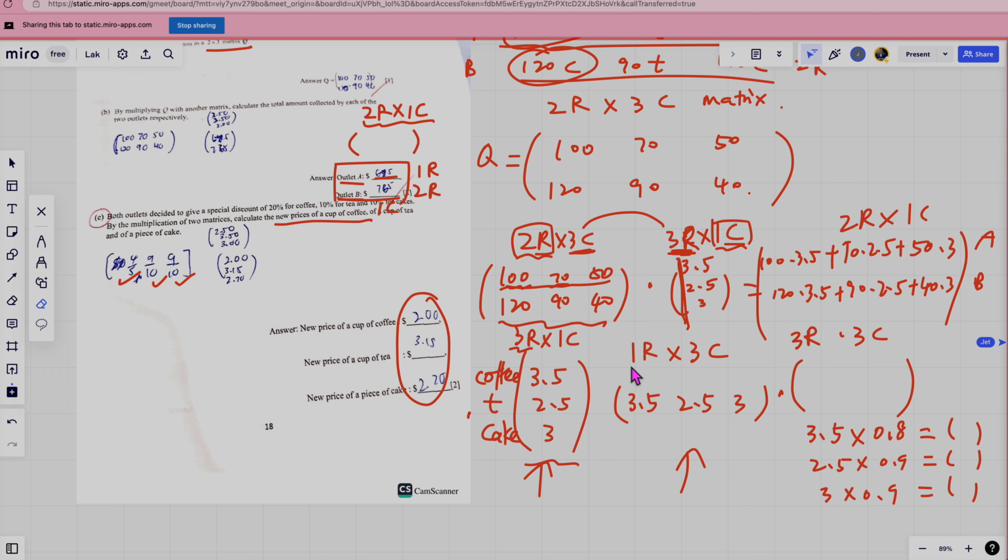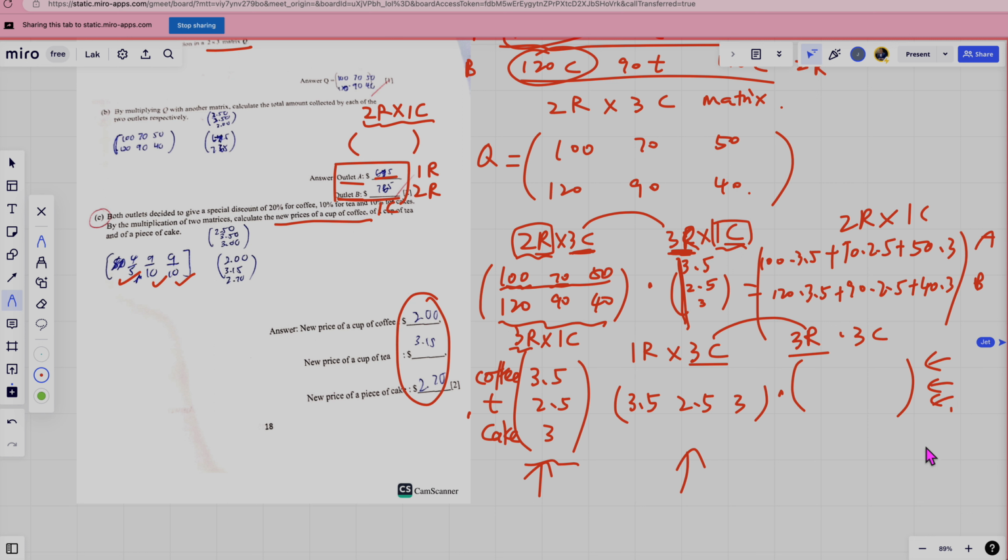Then you will end up with a 1 row and 3 column, right? In order for the multiplication to work, this 3 column must match with the 3 row. No choice. So 3 row means this one, and 3 column means you need to have this one.